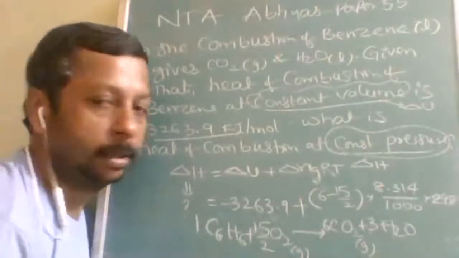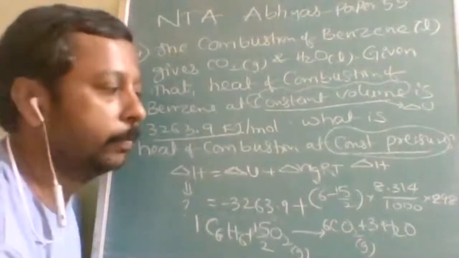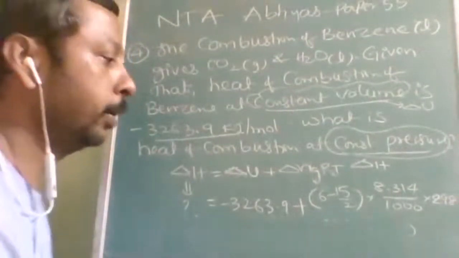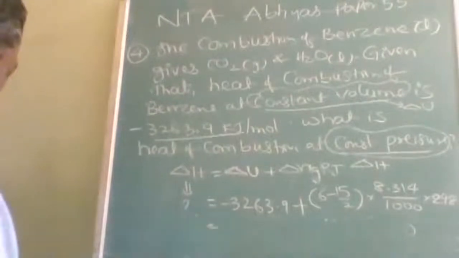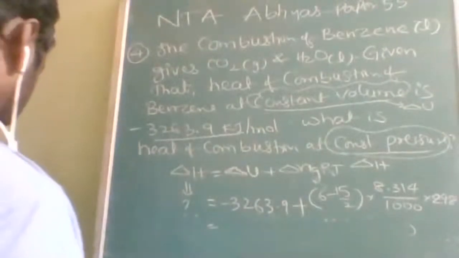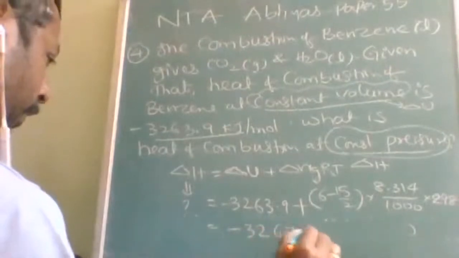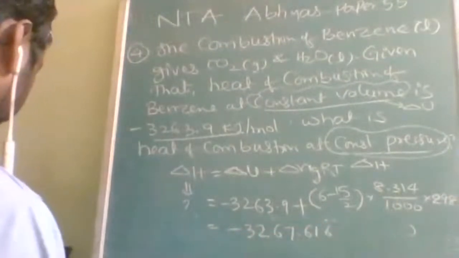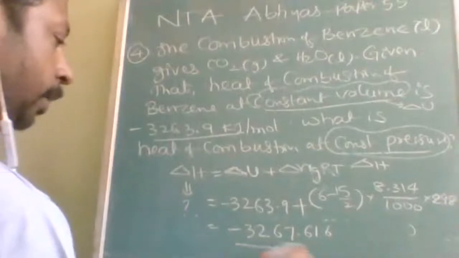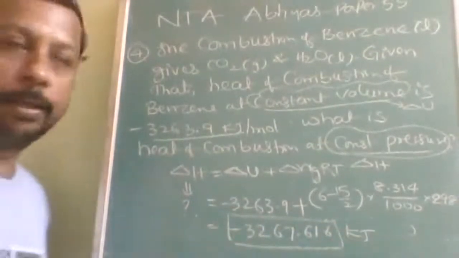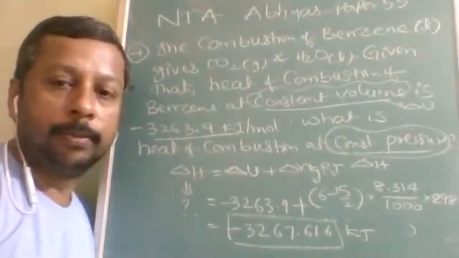What is the temperature? 298. Likewise, if you simplify it directly, you will get the answer in kilojoules, which is found to be minus 3267.616. So the answer is minus 3267.6 kilojoules. Just make a note of it.